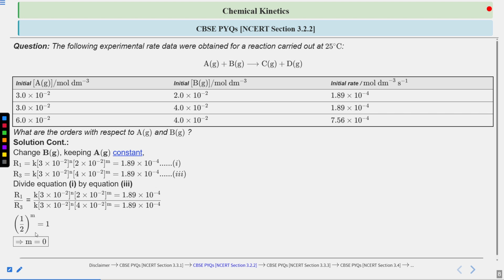So m becomes equal to 0. So n has come, m has come, and they both represent the order of the reaction with respect to A and B. With respect to A, the reaction is of second order, and with respect to B, the reaction is of zero order.